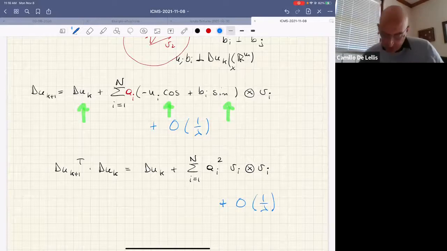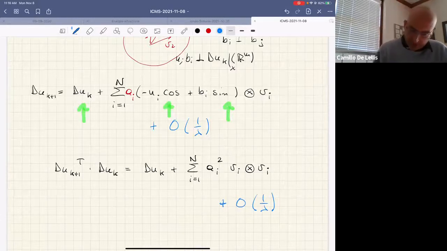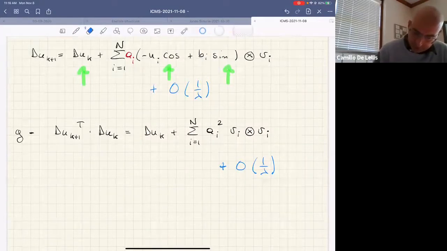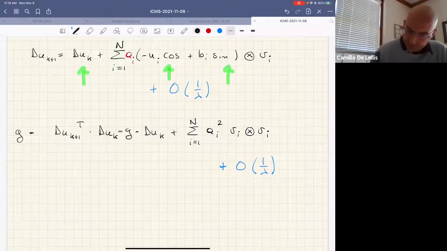Okay. So now, I actually know that this one is approximately G, right? So let me add a G minus over here too, and then let me add the minus.